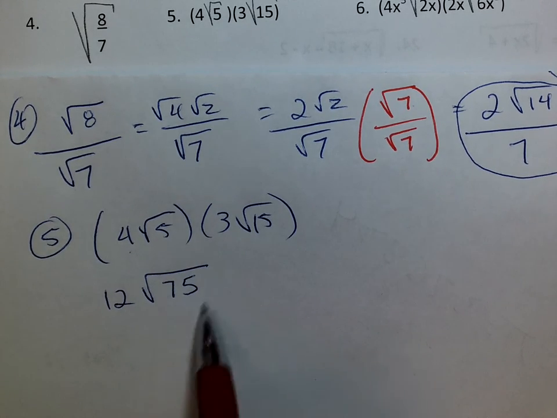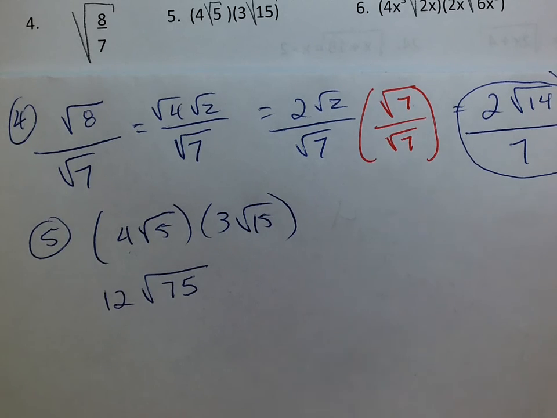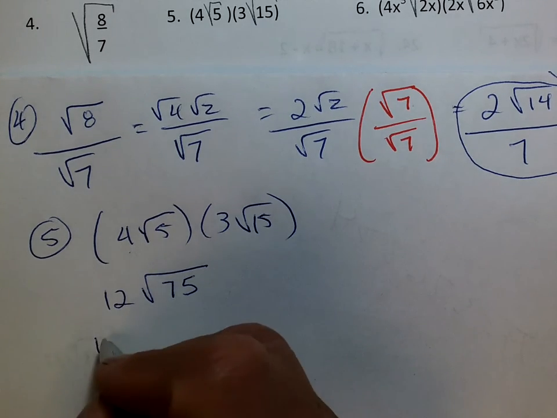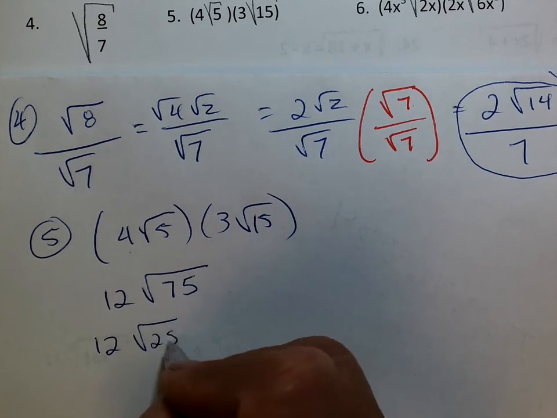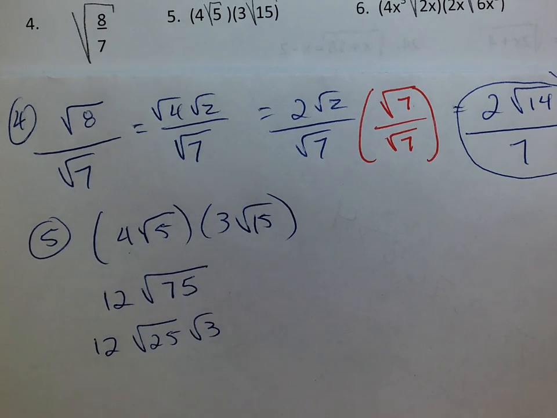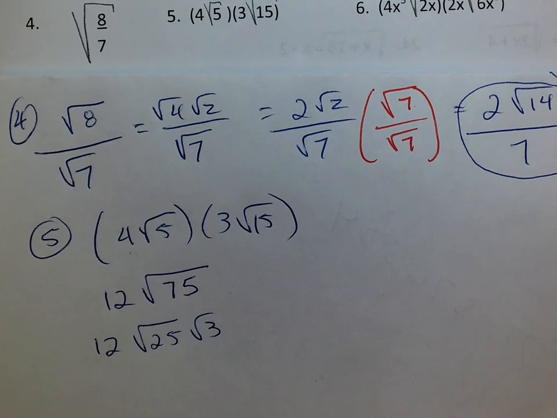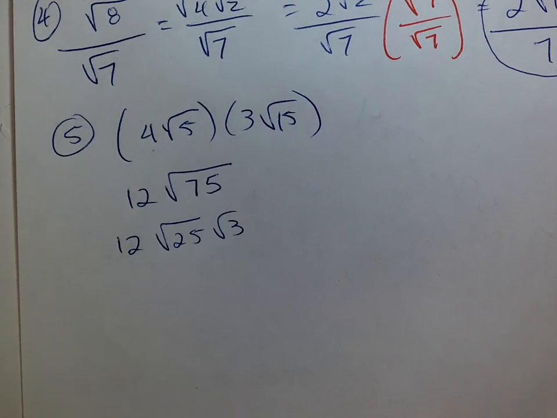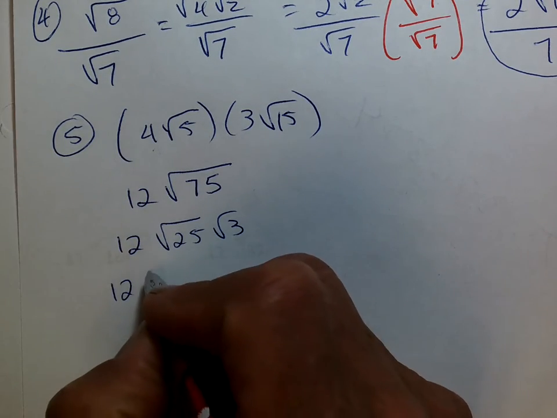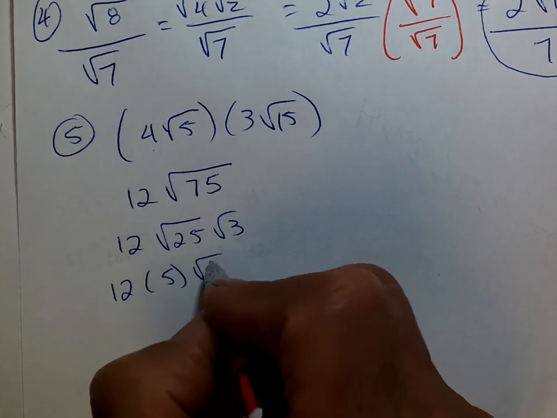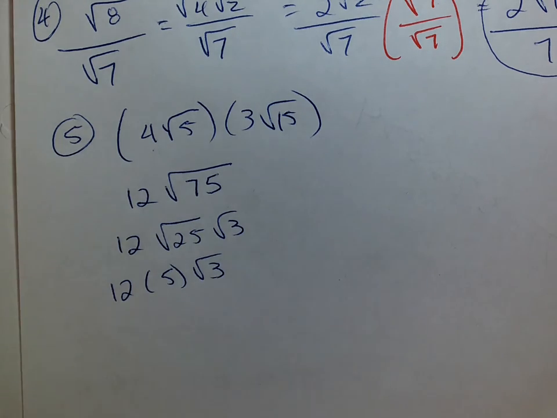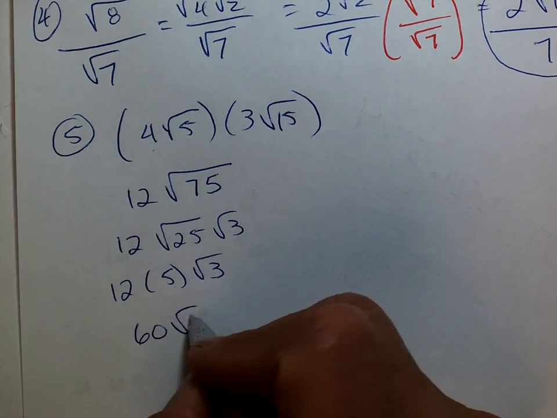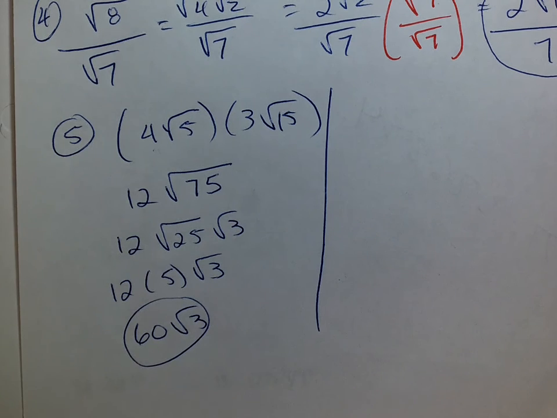And I can break up 25 or 75. Think about quarters, 25 and 3. 12 times square root of 25 and the square root of 3, because 25 times 3 is 75, and 25 is a perfect square, right? So then I'm going to get 12 times 5 times square root of 3, right? 12 times 5 is 60, square root of 3, and bam. Done. Bam.